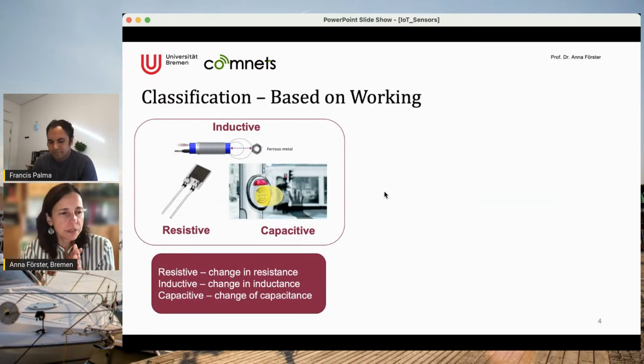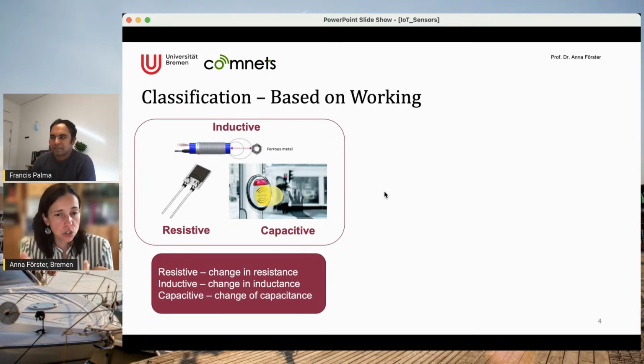There are many different classifications and types of sensors. I can only scratch the surface here and tell you about some which are very popular. Many of them are based on so-called resistive properties, or capacitive ones.